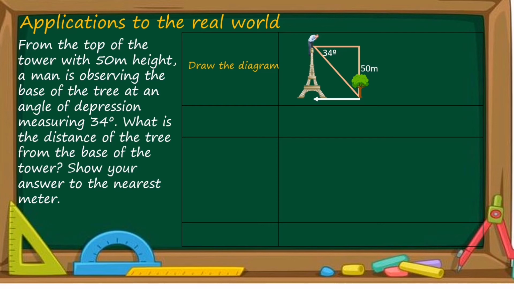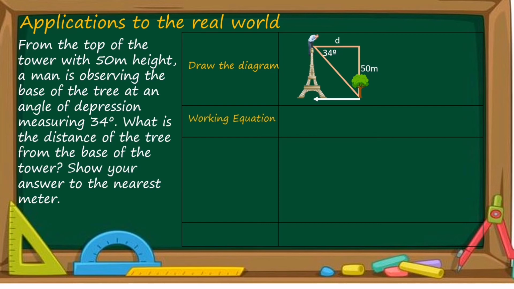Since this measurement is parallel to one of the other legs of the right triangle, we can use the other leg of the right triangle to indicate the distance of the tree from the base of the tower, and it will represent D as the measurement.